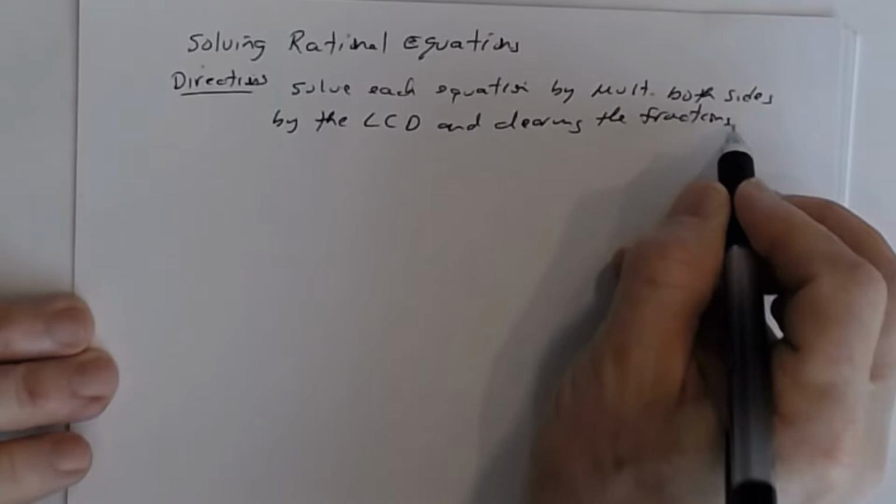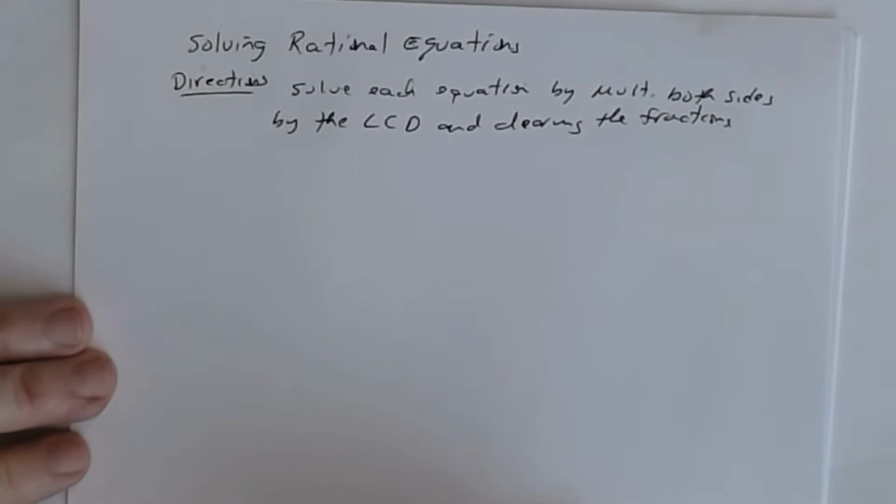I don't know how else to say that. Some of you are not doing that. You're just doing it the way that you want to do it, and you're not getting all of your points. You're getting very few points.